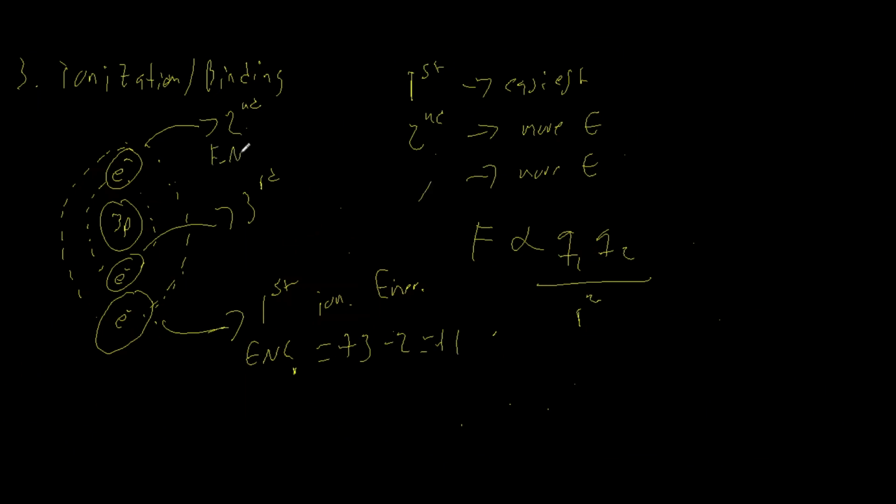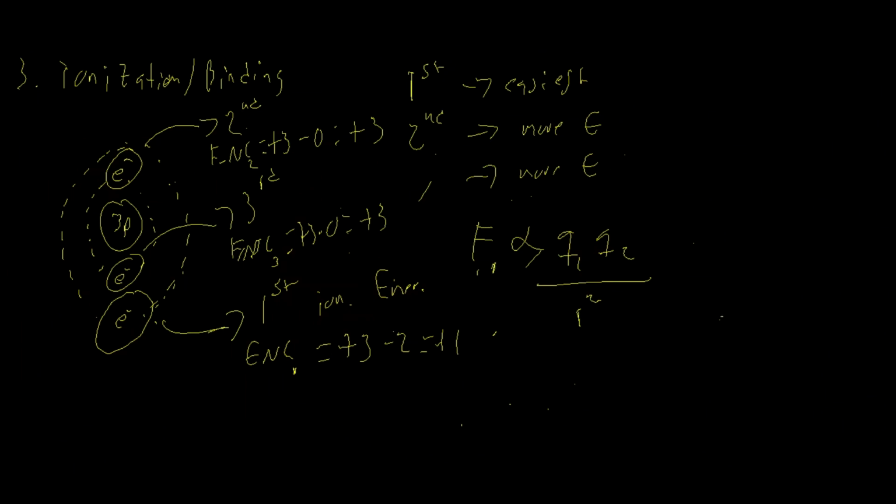The effective nuclear charge of the second electron is going to be positive 3 minus 0. Why? There are no electrons on the inside of this, like we mentioned before. Here we had 2 electrons on the inside. And the effective nuclear charge of the third electron is going to be positive 3 minus 0, so the same thing.